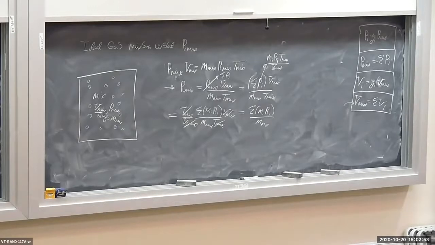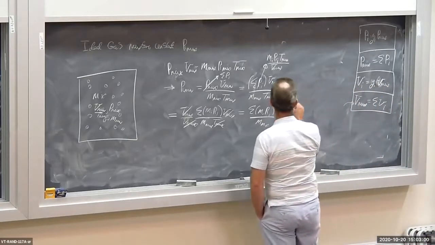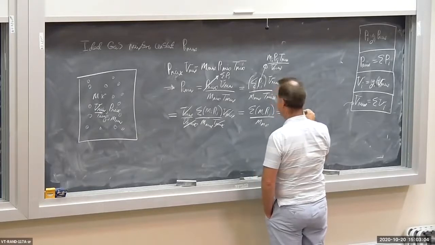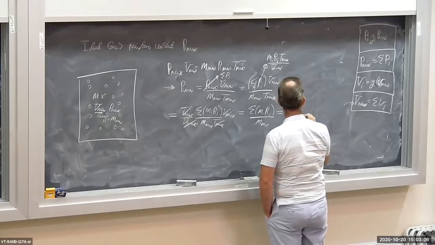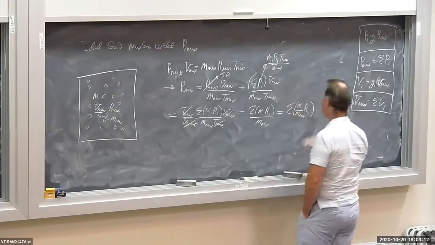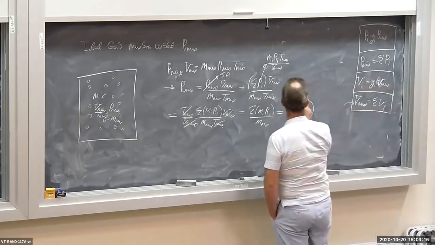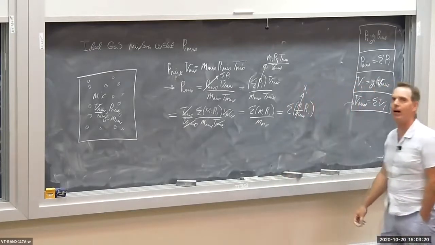Now, M mix is constant, so I can pull it into the summation. And I get the sum of the component mass divided by the total mixture mass times the gas constant for the ith component. Now, M i over M mix is equal to the mass fraction of component i.